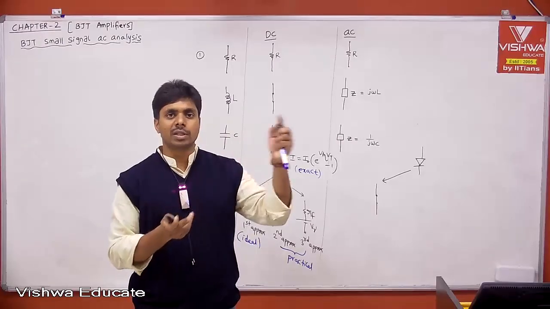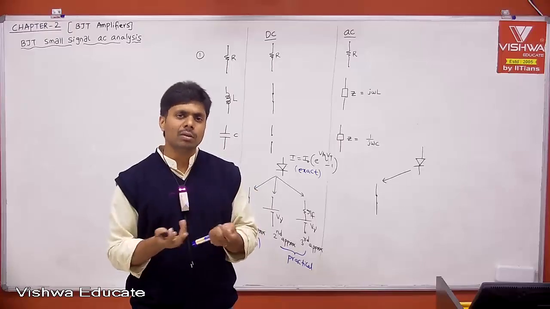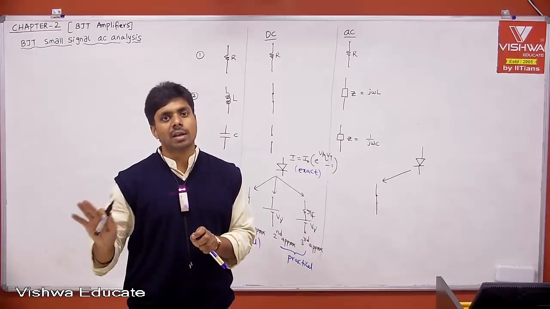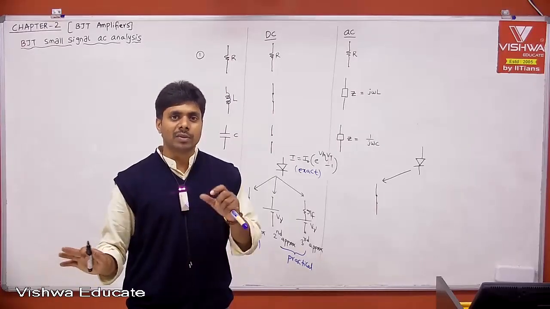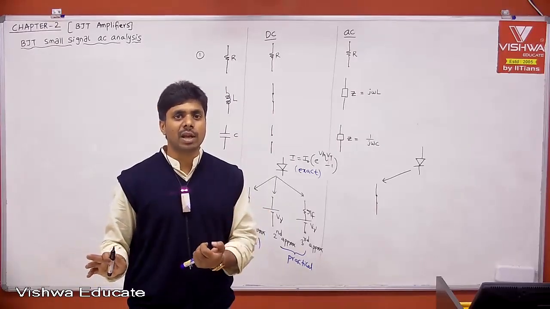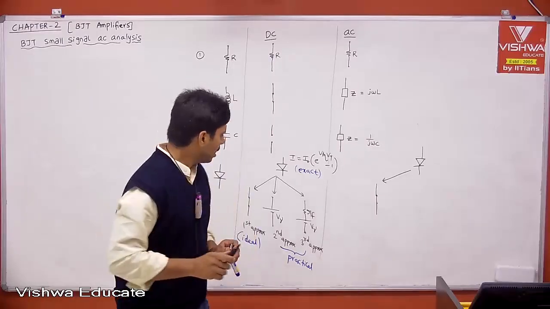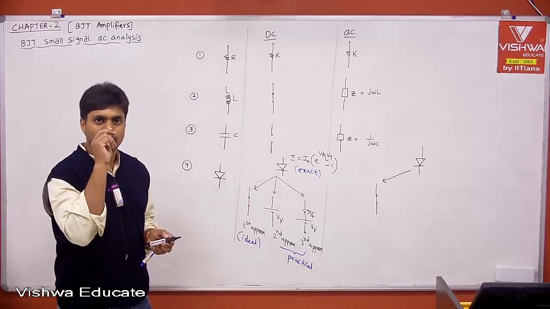Within a small time, if it is changing very quickly, that is high frequency. Within the same time, if it is changing very slowly, that is low frequency. Very simple. The signal which is changing with respect to time is an AC signal or non-zero frequency signal. But if the signal is changing very quickly with respect to time, then that is high frequency, else low frequency. Now we know that this V gamma is not changing at all with respect to time, right?